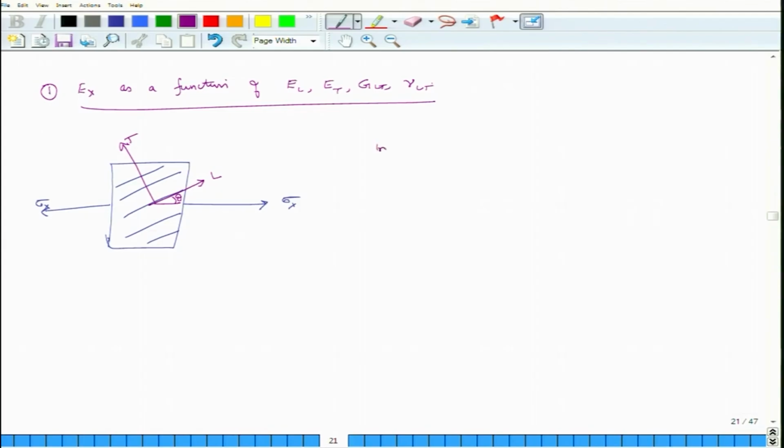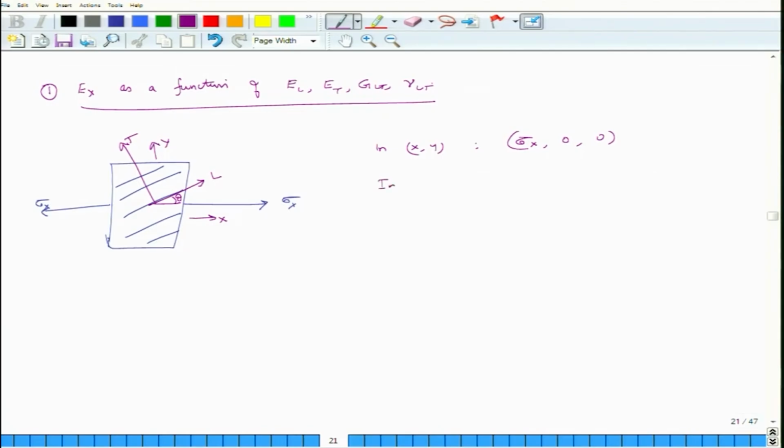So this is my x axis system, this is my y axis, right, this is my x and this is my y. So in xy frame, what are the stresses? Sigma x, 0 and 0. There is no stress in the y direction.